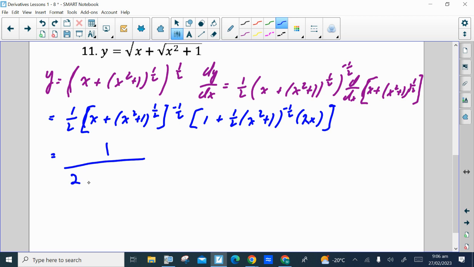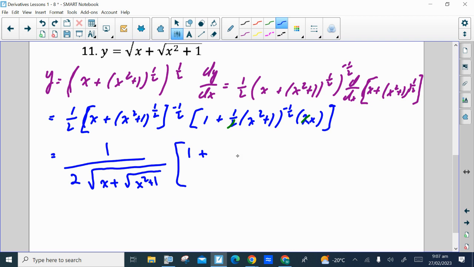And we can write it as radicals if we want. So it'll be the root of x plus the root of x squared plus 1. And that's going to be multiplied by 1 plus. So what's going to happen here is when you multiply the 1/2 by the 2x, the 2's are essentially going to cancel.